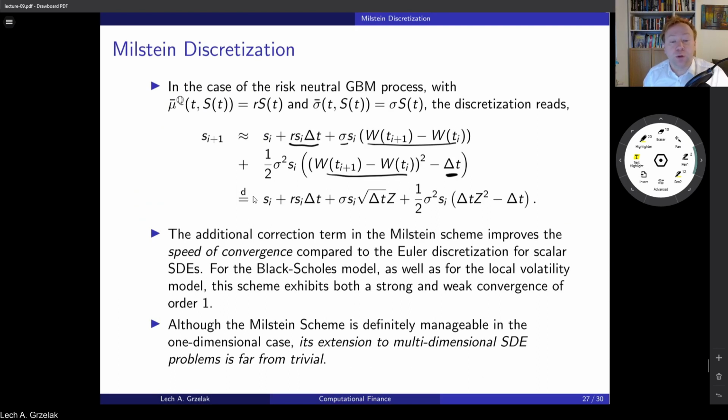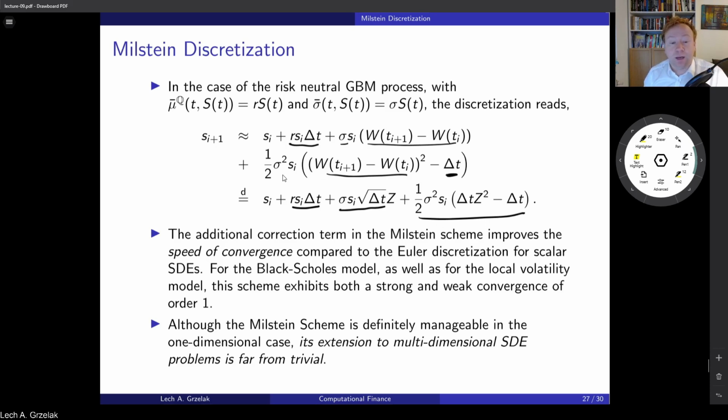So in the distribution sense, this is the same as S_i, then we have a drift, just like in the Euler scheme, we have a diffusion part, and then we have an additional correction term, which is half of sigma squared S_i, times a standard normal squared, samples from a standard normal, minus delta t.